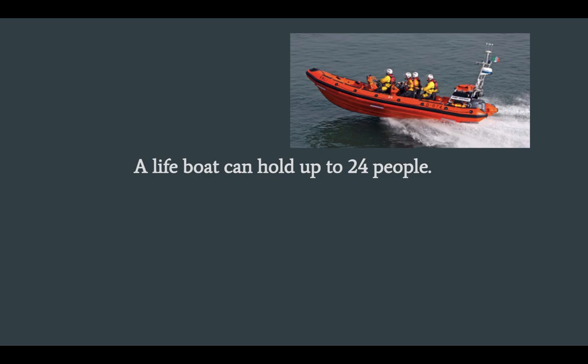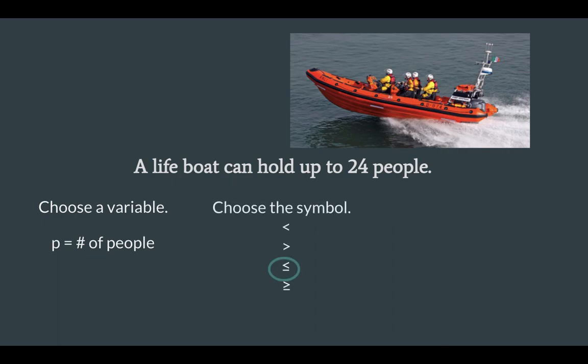Next, we could come up with a situation and have to write an inequality to match the situation. So a lifeboat can hold up to 24 people. So we use the following framework, where we first choose a variable. I'm going to choose P for number of people. Then we have to choose an inequality that matches the situation.